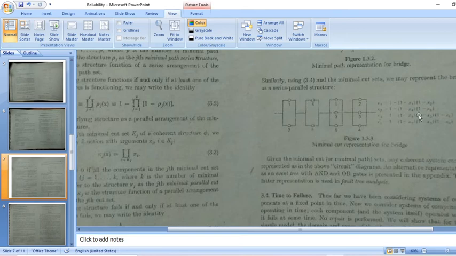So 1 minus x4 into 1 minus x5. In this case, 1, 3 and 5 are in parallel. So 1 minus x1 into 1 minus x3 into 1 minus x5. In this case, 2, 3 and 4 are in parallel. So 1 minus x2 into 1 minus x3 into 1 minus x4. So this is the structure function of the system in terms of minimal cuts.